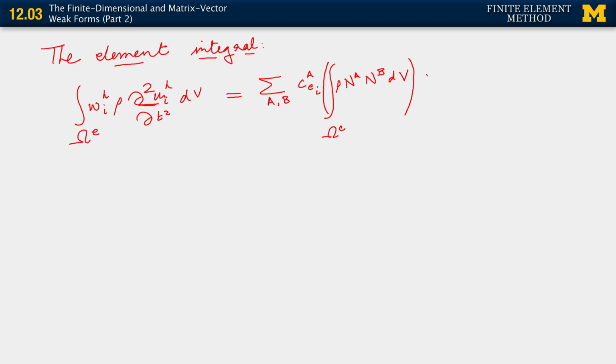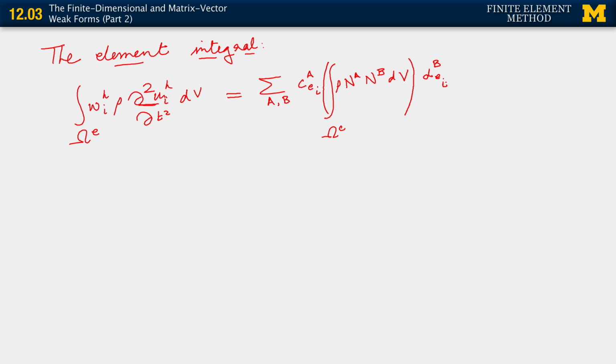So that will turn out to be d B element E degree of freedom I. And what is implied here is a sum over our spatial dimensions I.